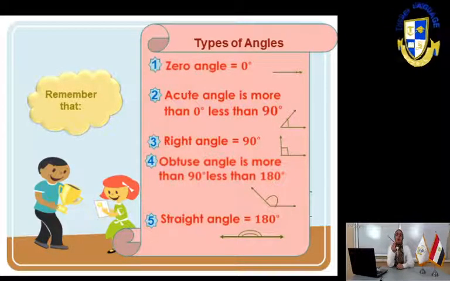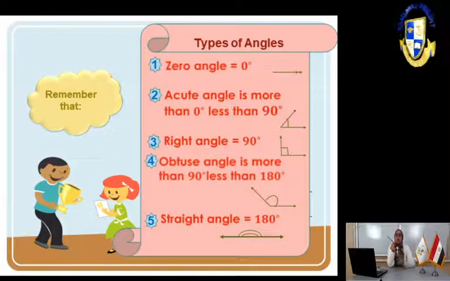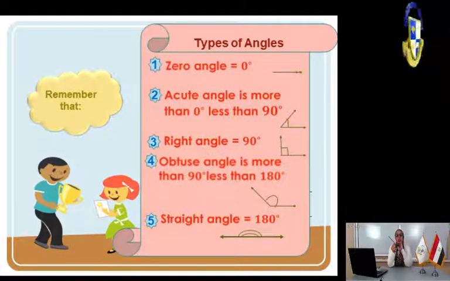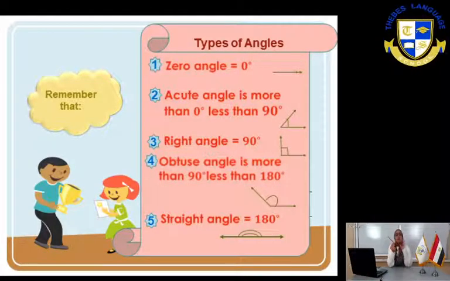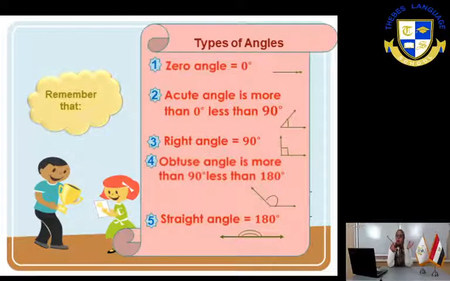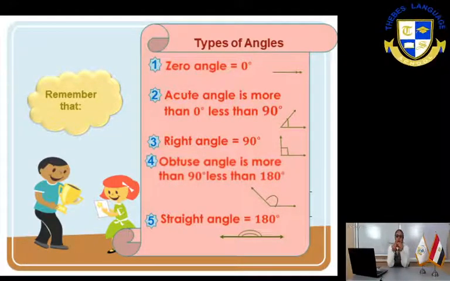Now we have an obtuse angle. The obtuse angle measures more than 90 and less than 180 degrees. So it may be 91, 100, 105, 179.